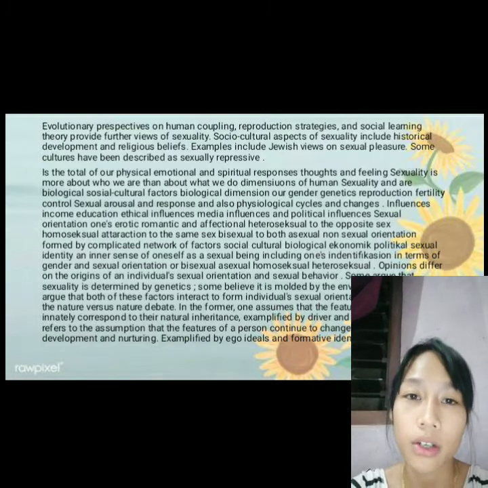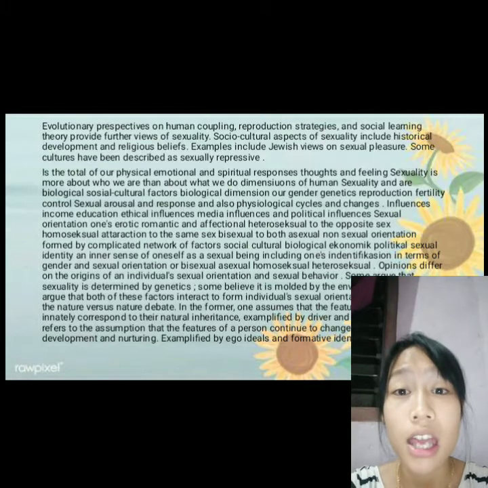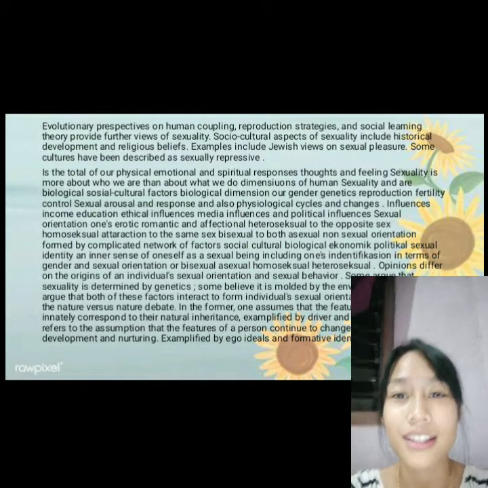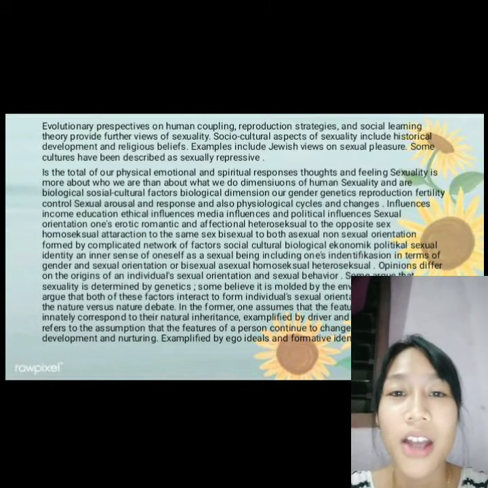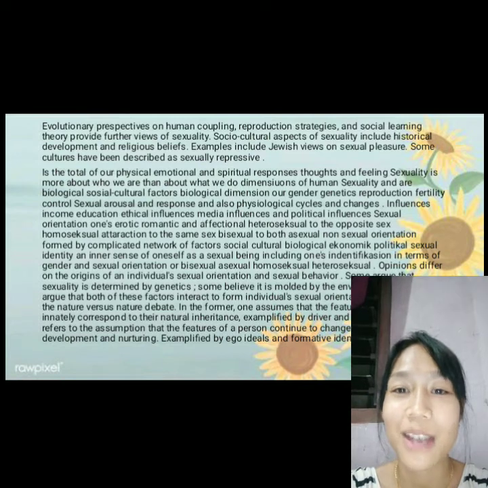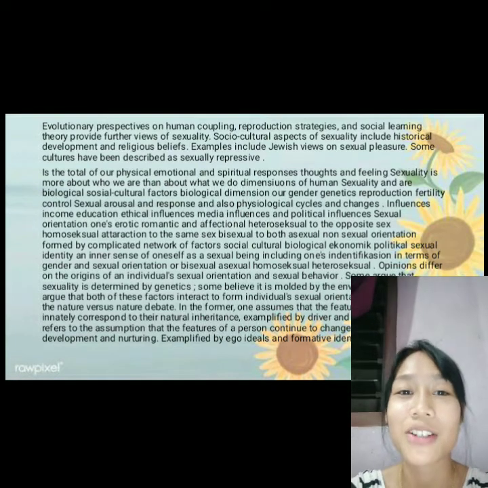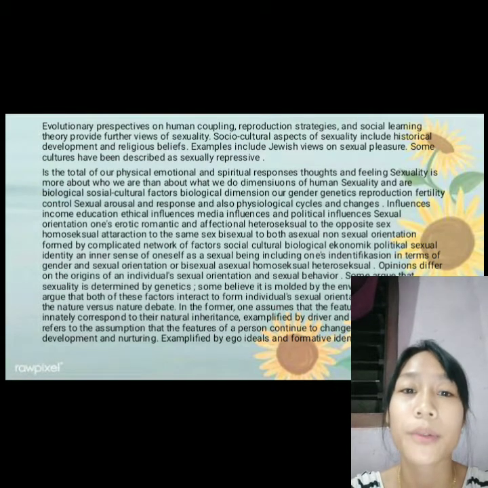The social construction of sex is gender identity and gender expression. Gender identity is a person's sense of their gender, and gender expression is how they present themselves to the world.